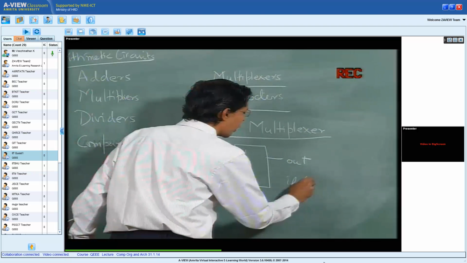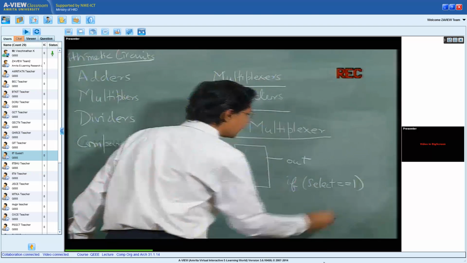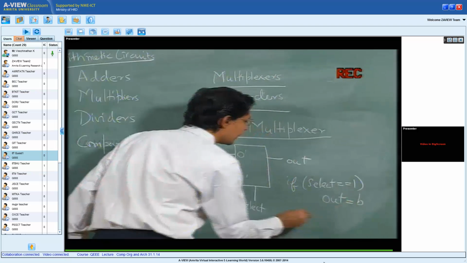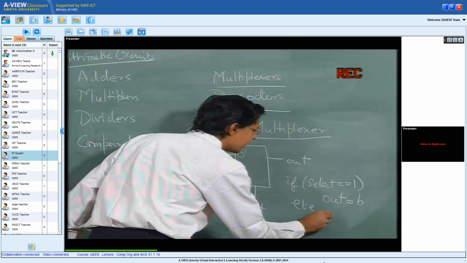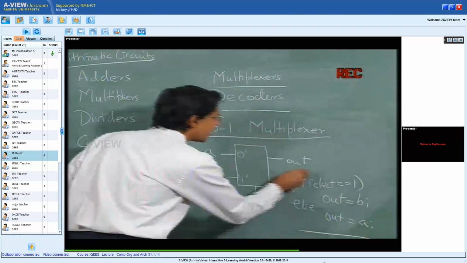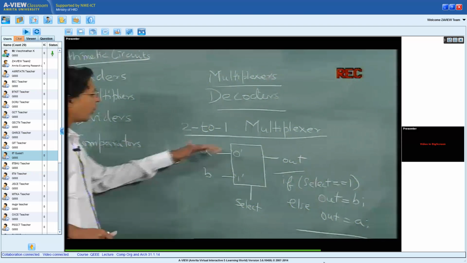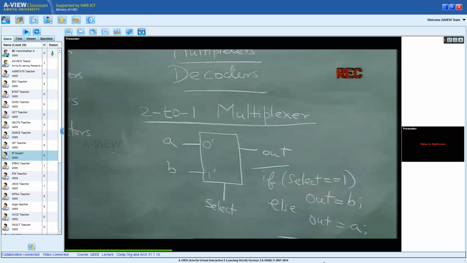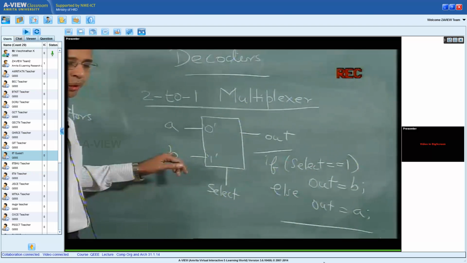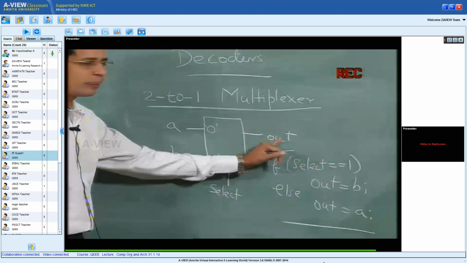If select is 1, then the output would be B, else the output will be A. This is the functionality of a 2-to-1 mux. If the select bit is 1, then the output will be B. If the select bit is 0, then the output will be A.